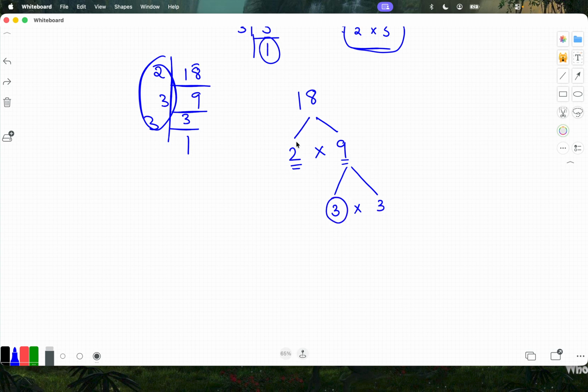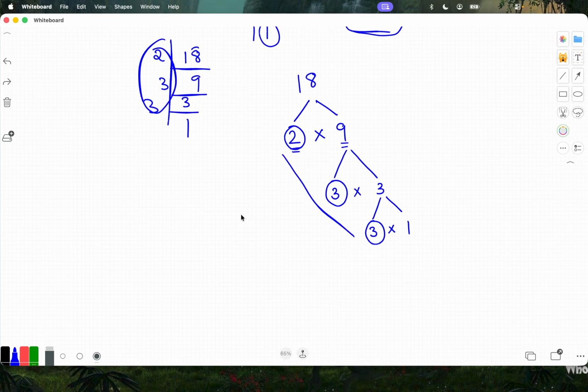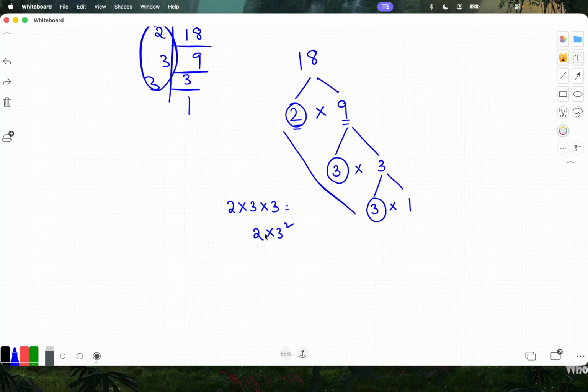Just circle all these left hand side prime numbers. So the last will be again 3, 3 into 1. All these circled numbers will become your prime factors: 2 into 3 into 3, that is 2 into 3 square. So 18 can be expressed as the product of 2 into 3 into 3.